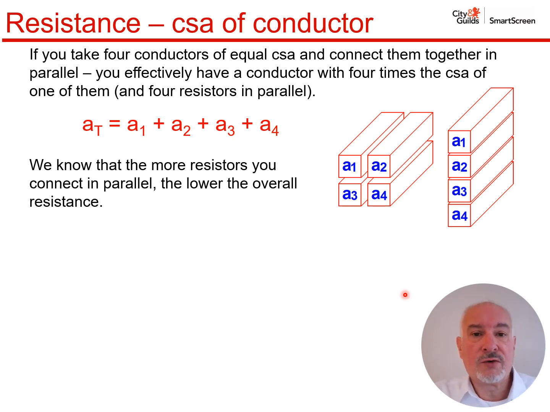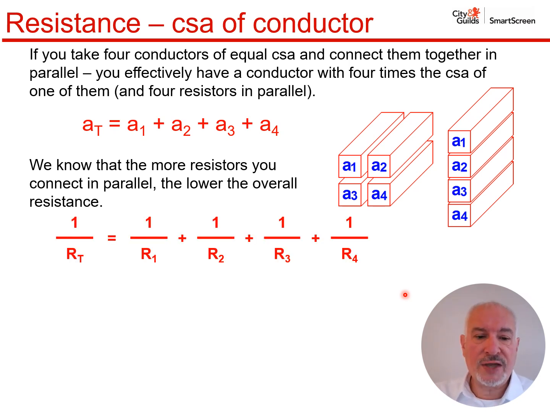And we know from our previous studies that the more resistors you connect in parallel, the lower the overall resistance becomes. And we have this formula for calculating resistance in parallel, and it's 1 over RT equals 1 over R1 plus 1 over R2 plus 1 over R3 plus 1 over R4, as there are 4 conductors in this case.